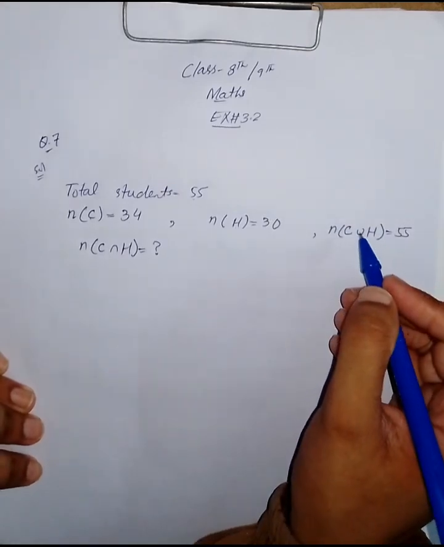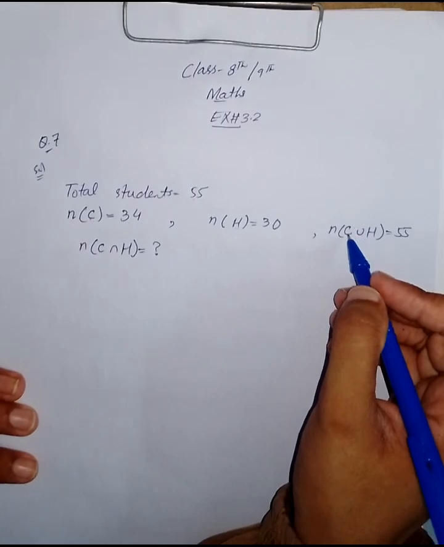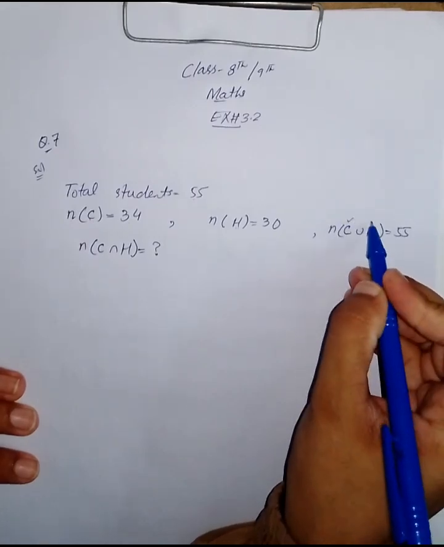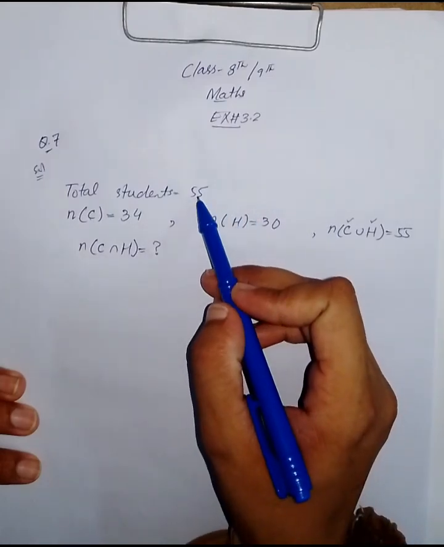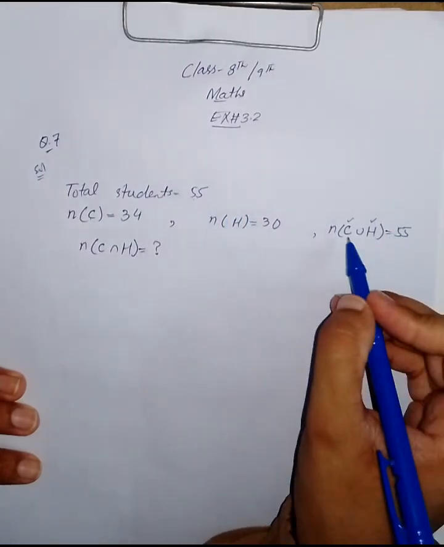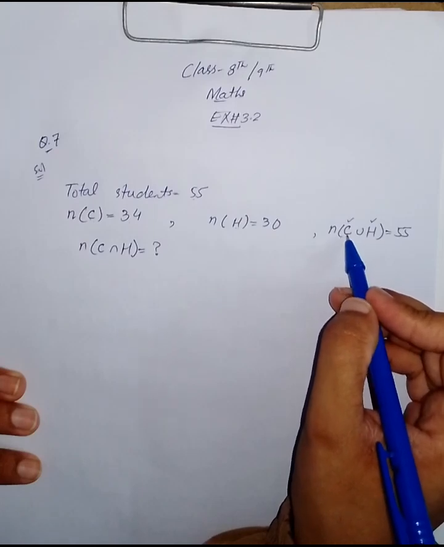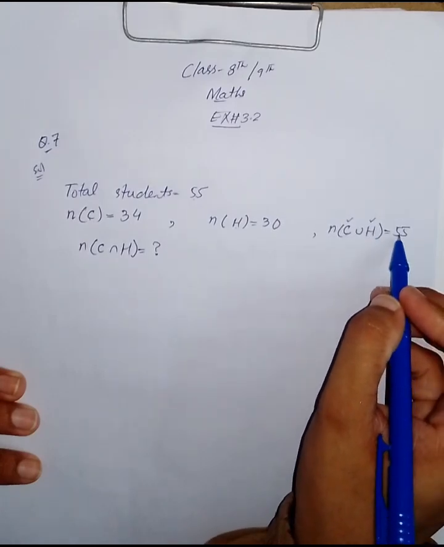Since each student has to participate in at least one of the two games, the number of students in C union H will equal the total number of students in that class, which is 55.